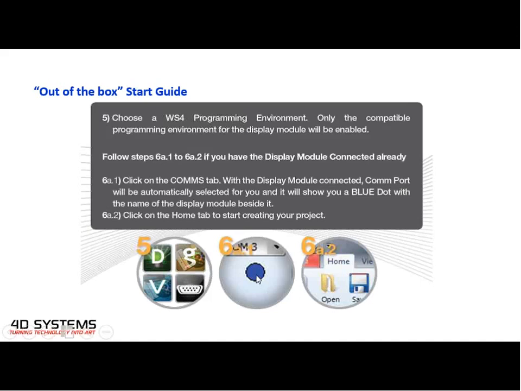So you have to click the COM tab. The COM tab will let you see the status of the communication between the display and the PC. So if the COM dot, assuming you have selected the proper COM port, is blue, then there's no need to do anything else.